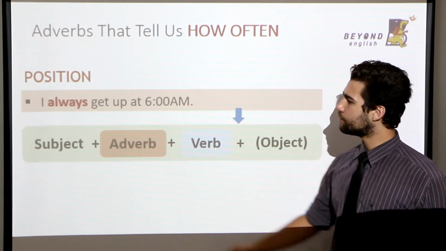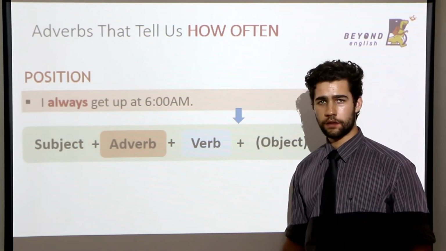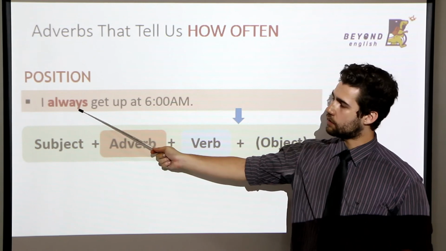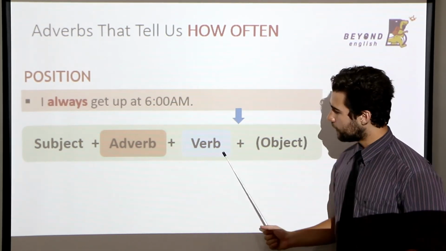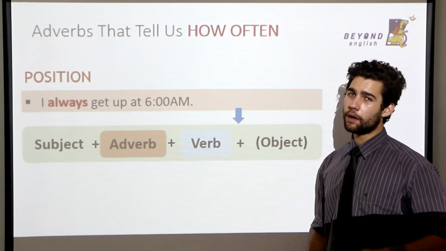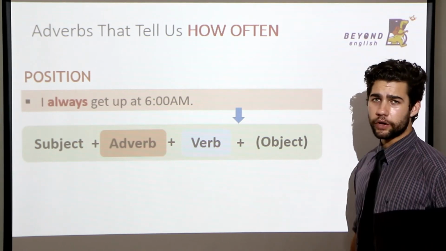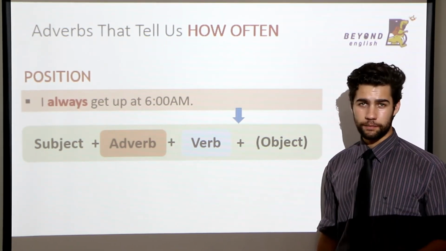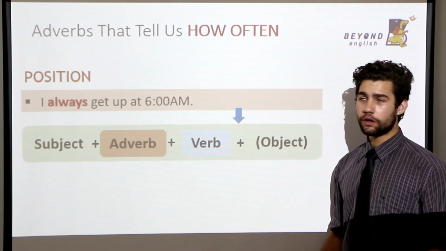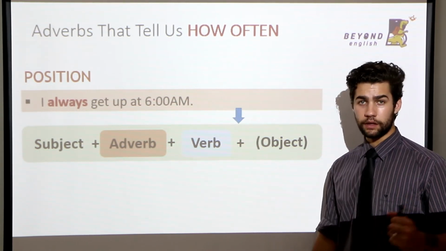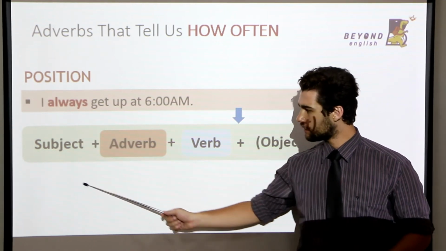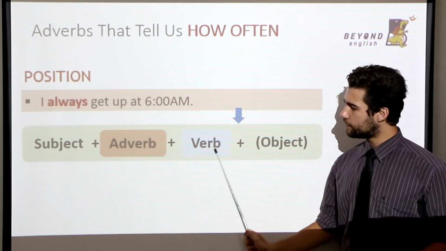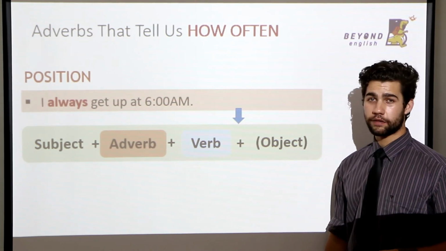We always get a subject, I, an adverb, always, a verb, get up, and our object at 6 a.m. One more time. Our structure for how often is subject plus adverb plus verb plus object.